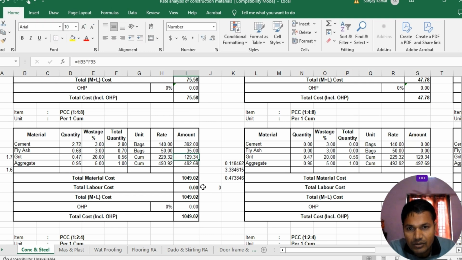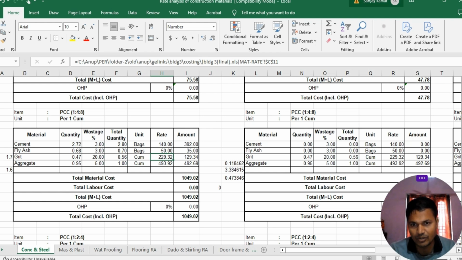Okay, so grit quantity we are taking this time 0.47, and the wastage percentage you have to take 20%, and then total quantity you have to take 0.56 cubic. Okay, and the rate of the grit is how much? 229.32.